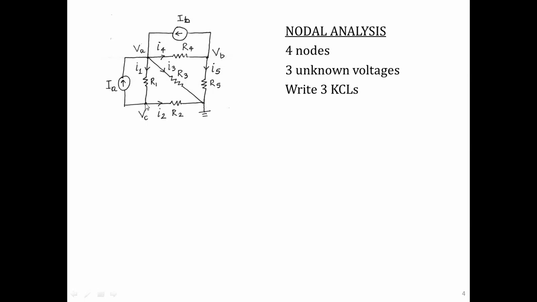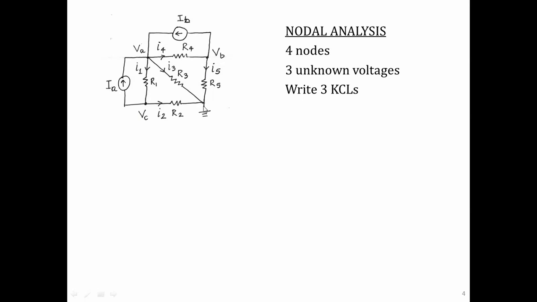Now with the 3 other nodes, there are therefore 3 unknown node voltages in this circuit, because voltages are always measured with respect to a reference. So we've defined a reference here, and we have 3 unknown voltages. If we find these 3 voltages, then we'll know everything about the circuit, because once we know the voltages, we can find the currents by applying Ohm's law.